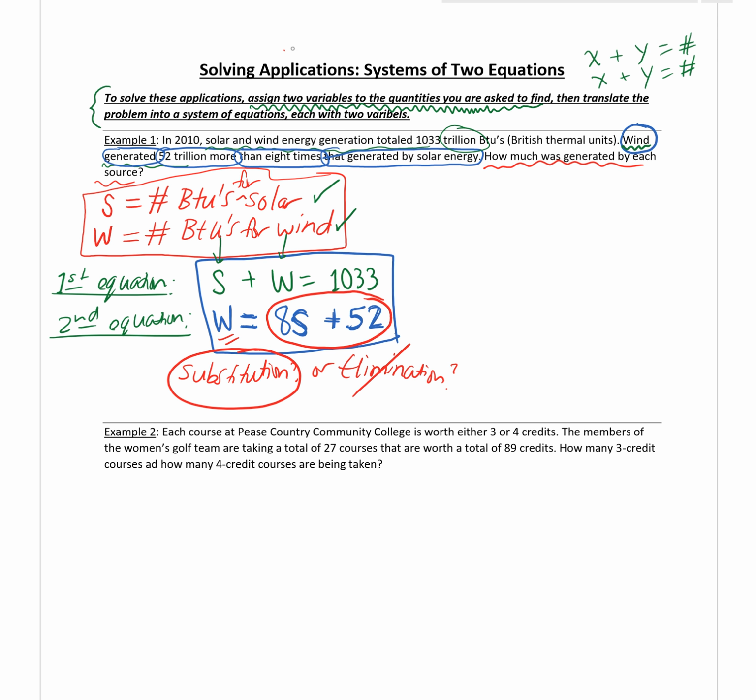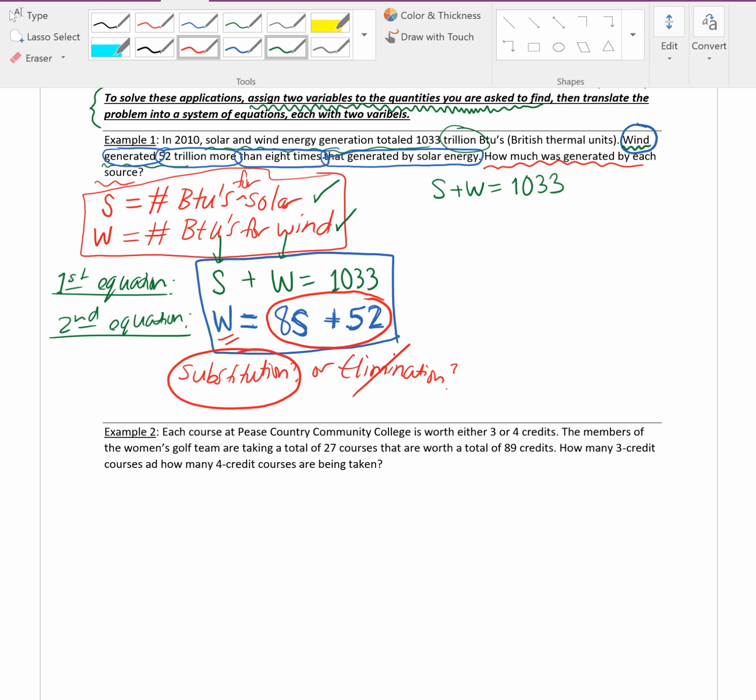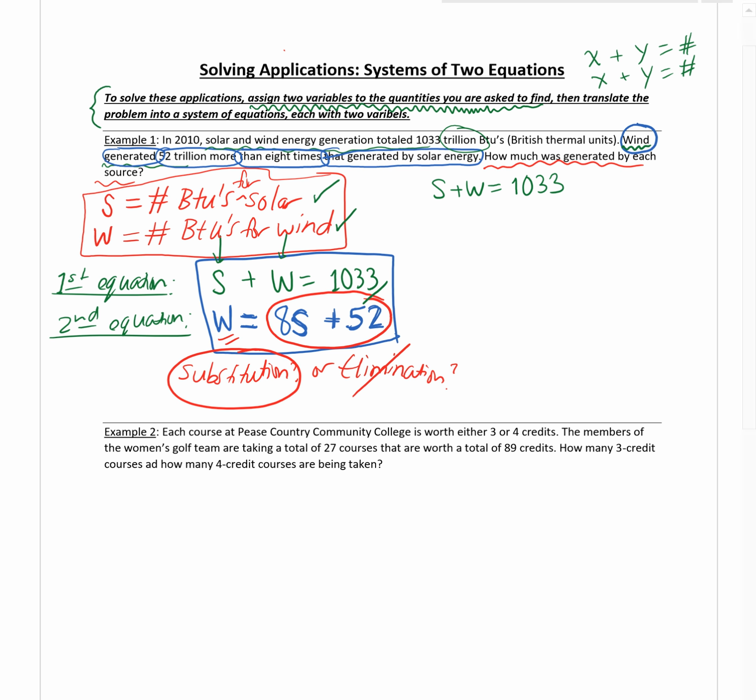Okay, so let me rewrite the top equation. The top equation was S plus W is 1033. But since we know that W is equal to 8S plus 52, I'm going to replace that for W here using the substitution method. I'm going to rewrite that.